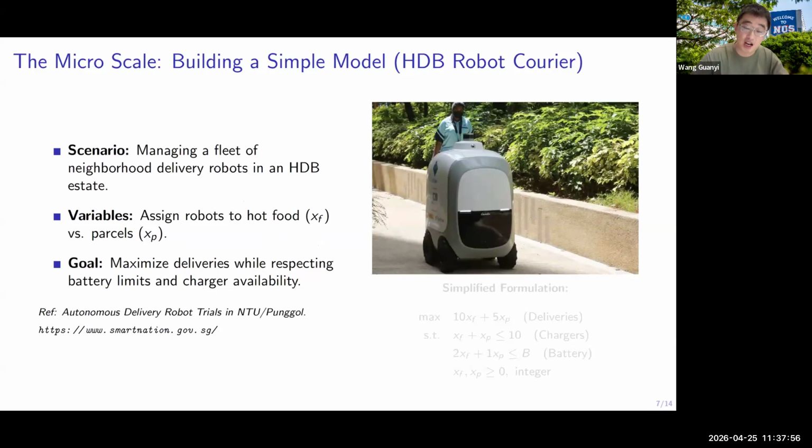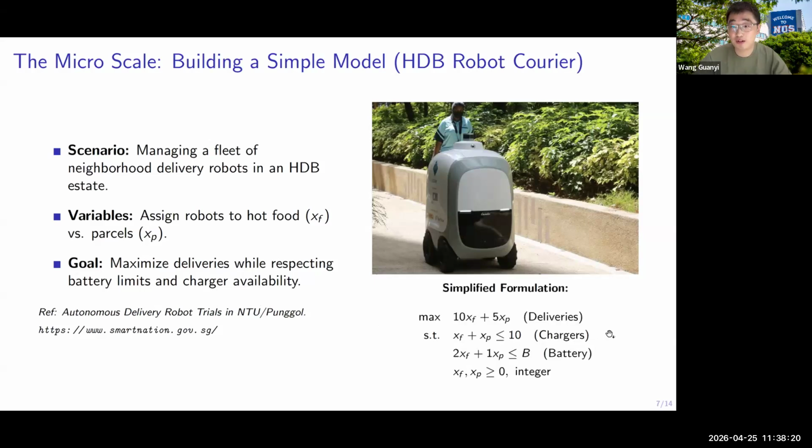However, we must ensure that this type of robot has sufficient electricity power. So the constraints are with respect to their battery limitations and also the charger availabilities.